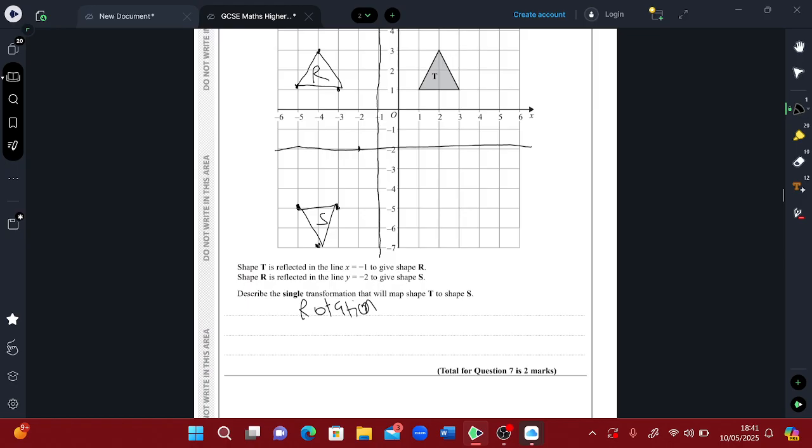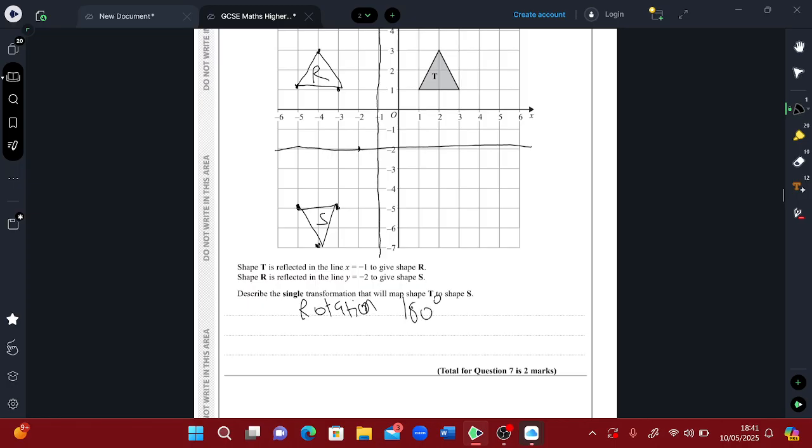Usually with these questions, it's normally 90, 180, or 270 degrees. 90 would put the triangle like that, which can't be. 270 would then move it to here. So it's going to be 180.